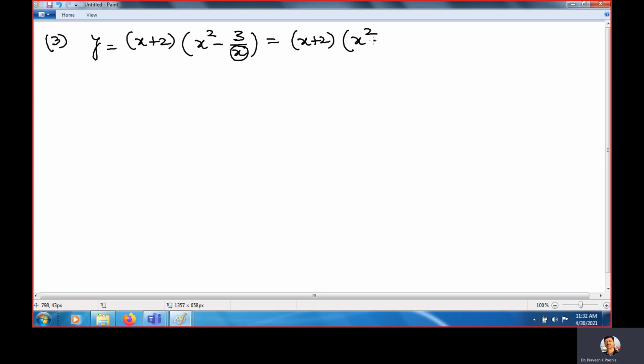Change it to numerator, minus 3x power minus 1. So this is the first function, this is the second function. And y dash equals to d by dx, the first function, the second function.